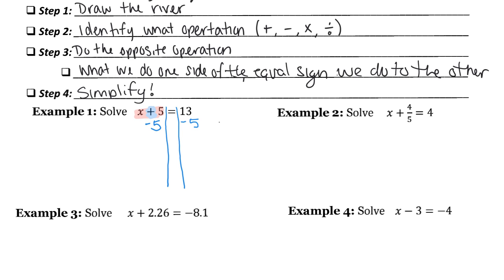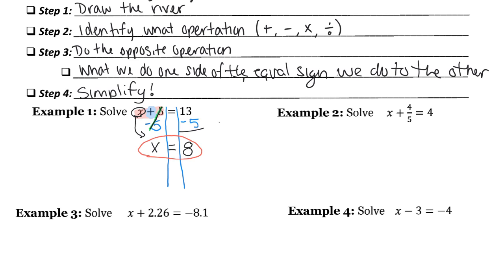Okay, and then after we subtract them, these 5s cancel out. They go away. Remember, the whole point is to get this x alone. So now that these are canceled, our x comes down, and x equals, what is 13 minus 5? 13 minus 5 is a positive 8. So then this is our answer.